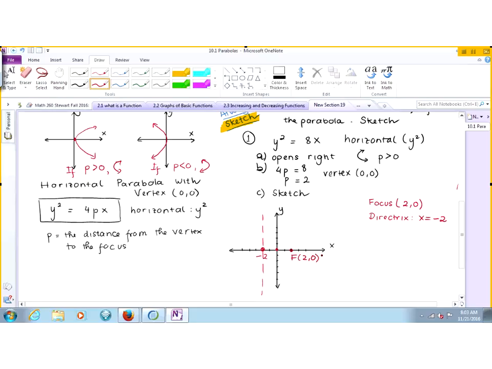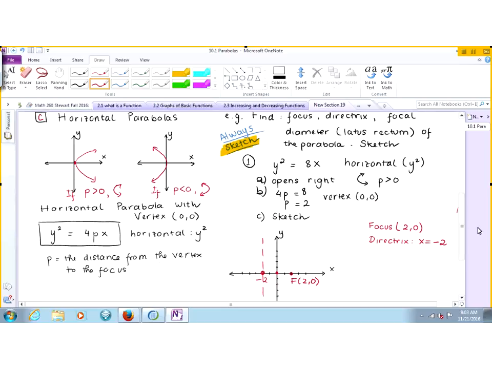F is (2, 0). Okay. Now, we didn't sketch the parabola yet. What is the length of the focal diameter? 8, yes. So I'm going to draw from the focus 8.